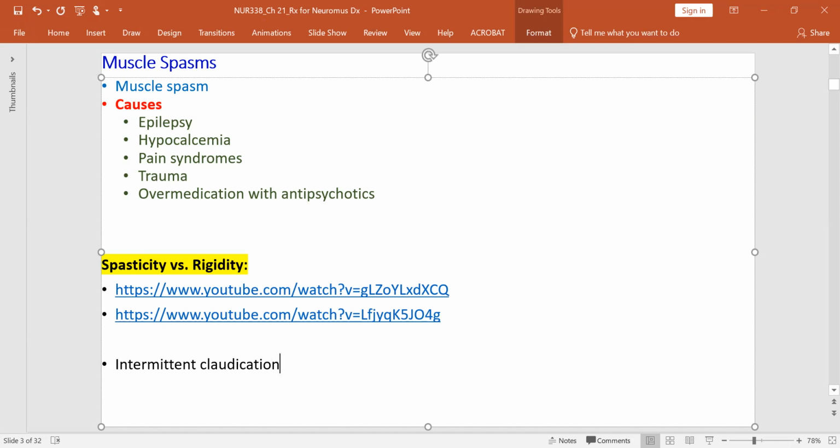This is the term that you may add as a form of pain affecting the lower extremity due to skeletal muscle spasm in response to the low perfusion due to the PAD, peripheral arterial disease.